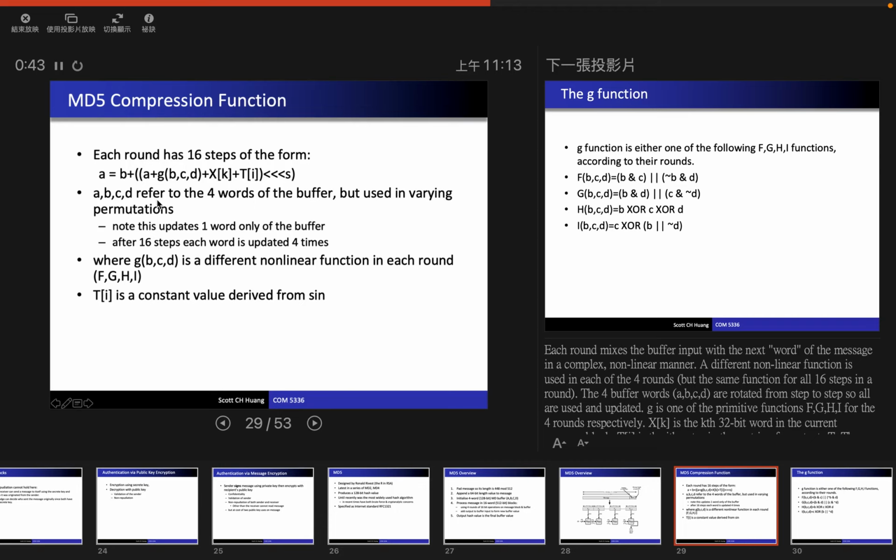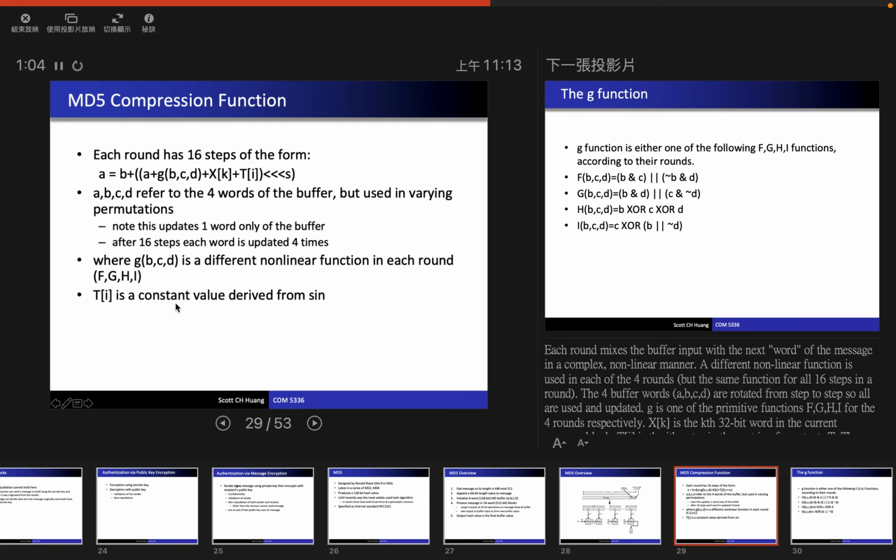The key is that there's a highly nonlinear function called small g. And then there are 2 arrays, xk and t. These are constant values derived from the sine function.